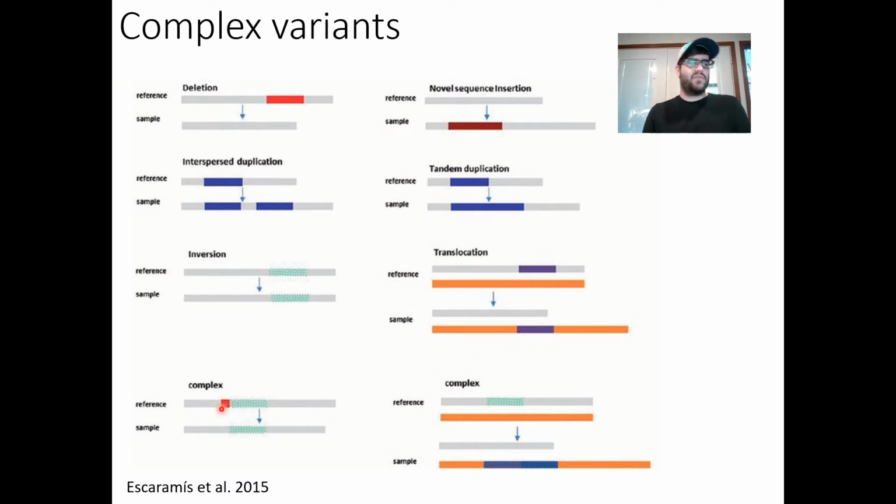And we can have weird complex things, like maybe we have a deletion and an inversion, or an insertion and a deletion. Or in this case, we have maybe this inverted sequence that gets deleted or moved somewhere else, and then we have an insertion or something. And so when we're looking at single nucleotide variants, we're looking at a very simplified picture of what the genome looks like, right?